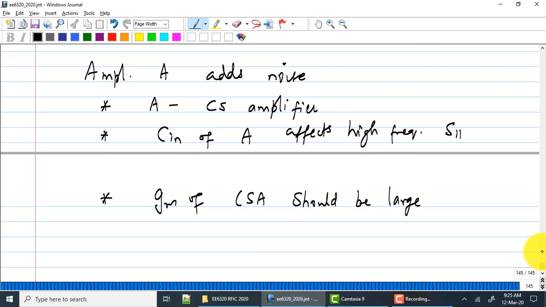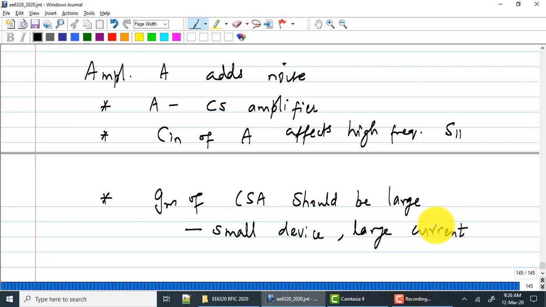The minute you do this, you will have to start worrying about swing limits, etc. Now normally in an LNA, this will not be a problem. Gain boosting, if you try to do this, normally will cause swing limit problems. In an LNA, the signals are so small that the swing limit should not be a big issue. But it will, of course, affect IIP3. The swing limit itself should not be a big issue.